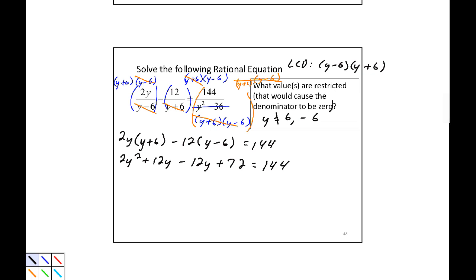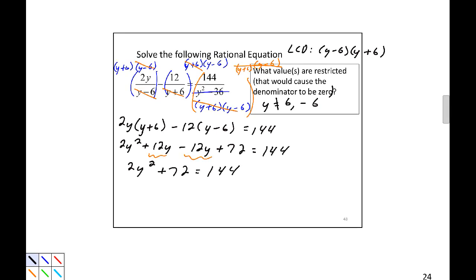Now we can rearrange, we can combine like terms to get 2y squared plus 72 equals 144. Now we want to isolate the y squared in this equation.